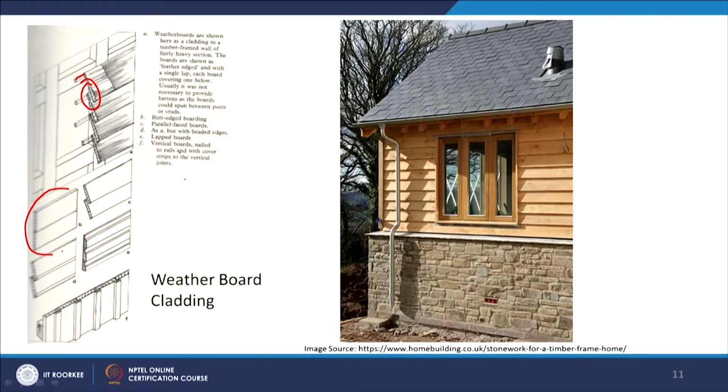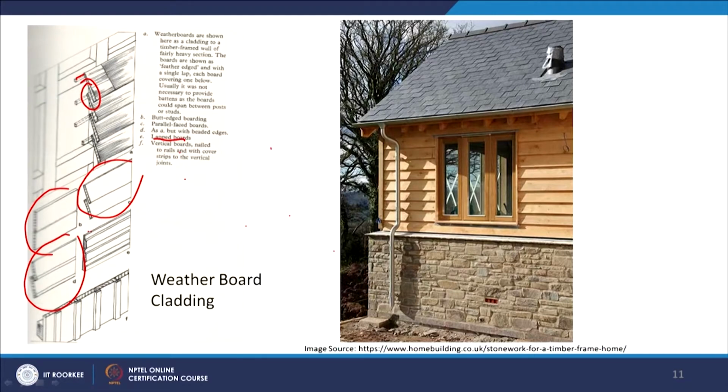There is a butt joint and a lap joint, and here there is again a parallel-faced board with a little lap over here. What you see here is a butt with beaded edge, so basically a little beading over there, and again here lapped boards.